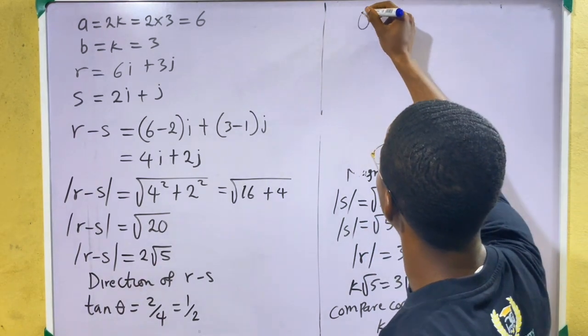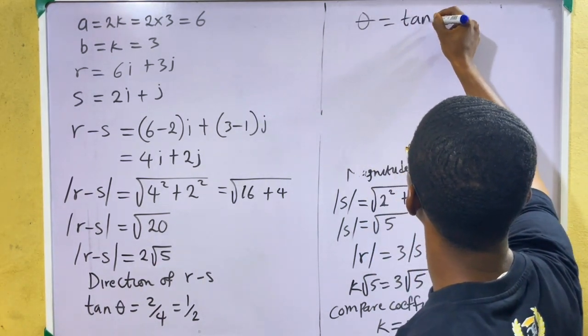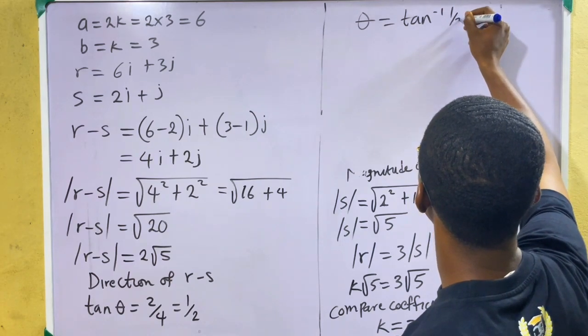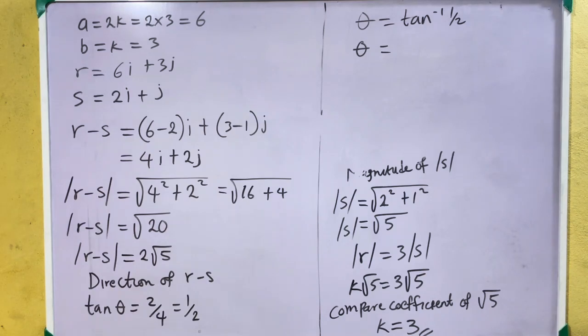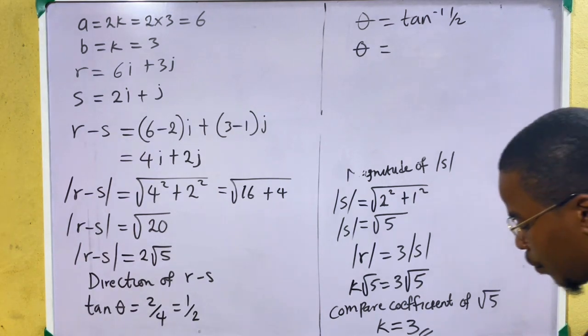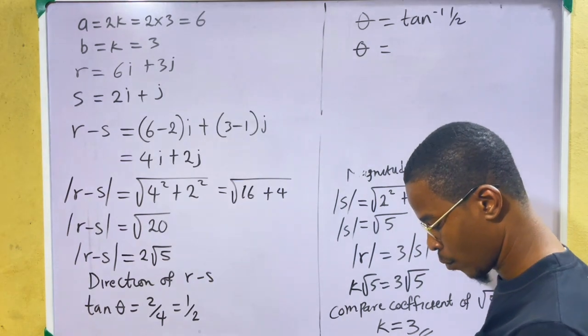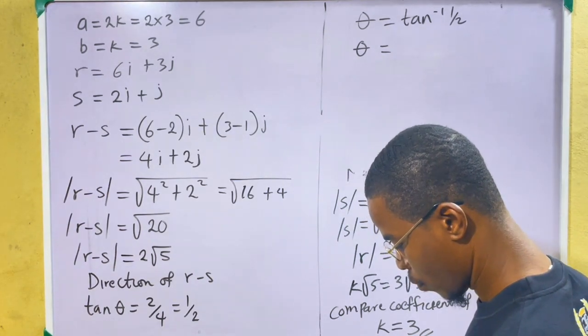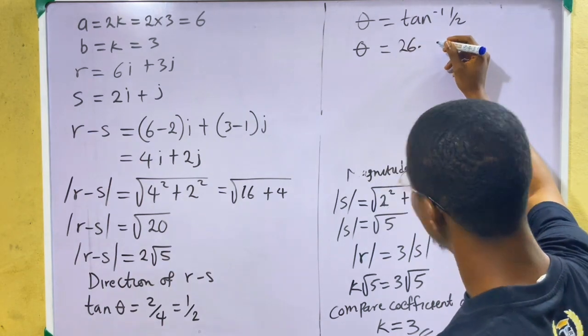So theta will be equal to the tan inverse of 1 over 2. Let's press it, and that was 26.6.